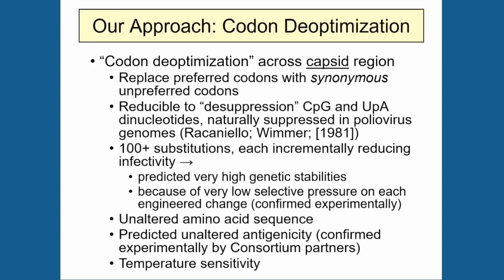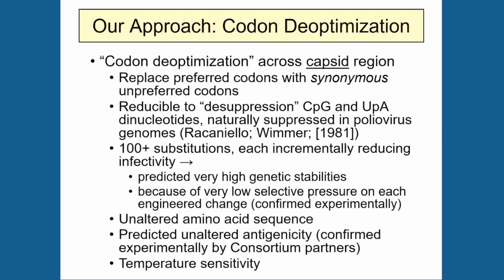So our approach was codon deoptimization across the capsid region. And the idea was to replace preferred codons with synonymous unpreferred codons. Now, this codon deoptimization is reducible to the desuppression of CpG and UPA dinucleotides, which Vincent Racaniello and Eckhard Wimmer had shown in 1981 was naturally suppressed in the poliovirus genome.